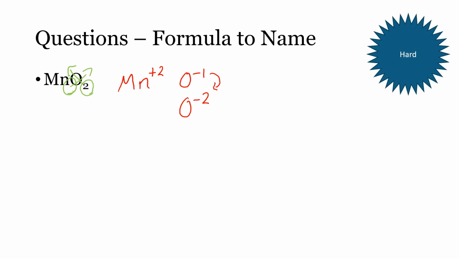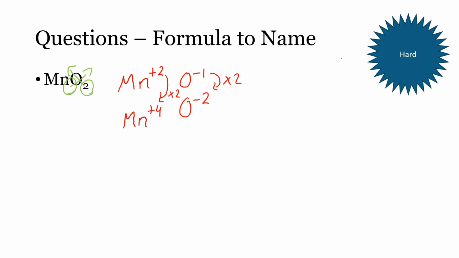This is just a simple times 2 in order to change it from a -1 to a -2. Now, we have to do the exact same thing with our metal. Our metal is at a +2, so we have to multiply by 2 as well, and we end up with Mn +4. So this is going to be the true charge of our metal.